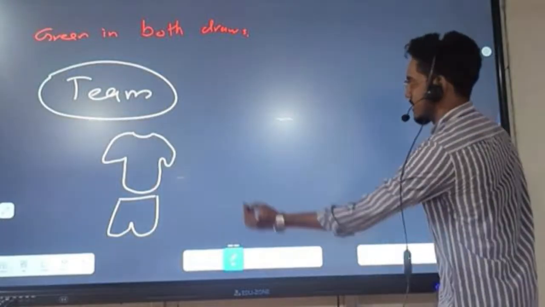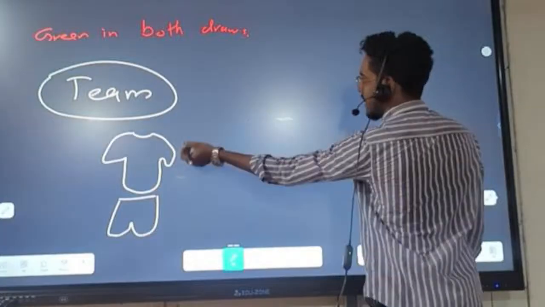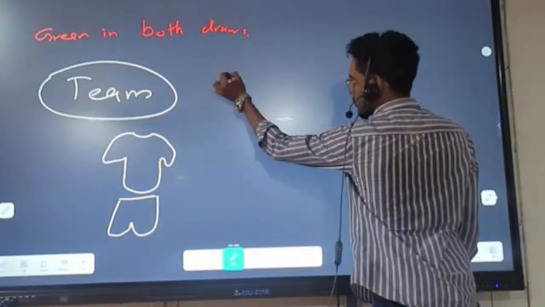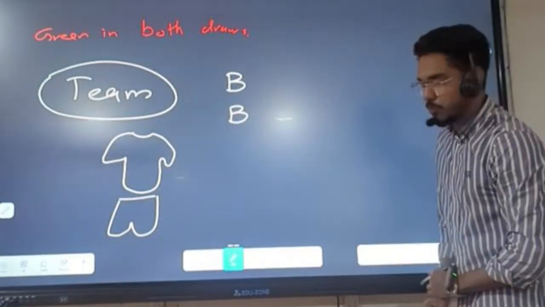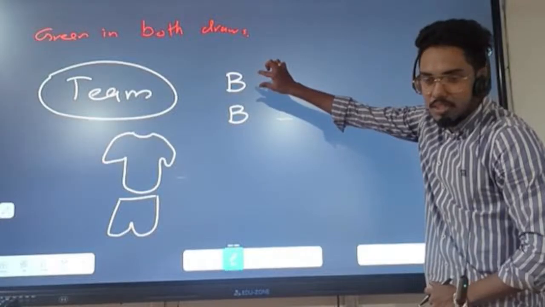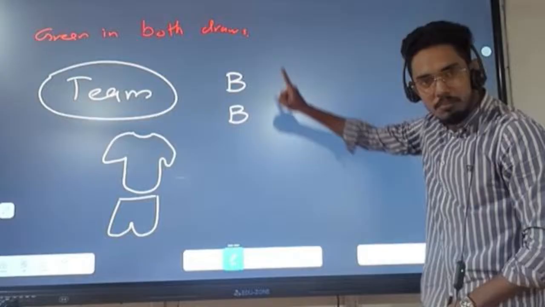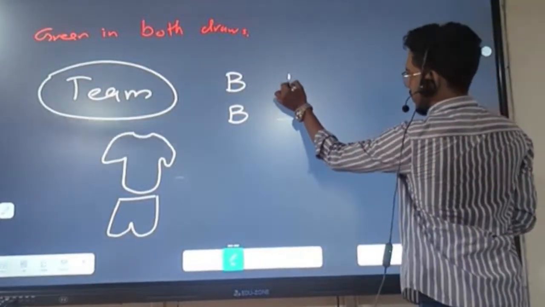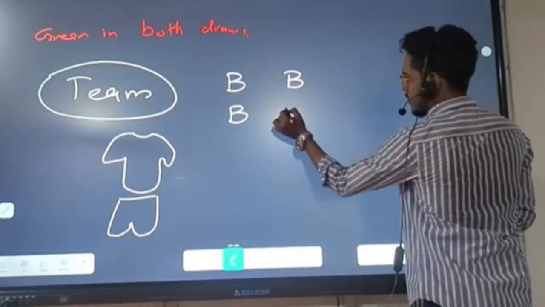One possibility is, a team member might come with only black, which means the t-shirt is black and the short is also black. Possible, no? Another possibility, the t-shirt is black, the short is white.